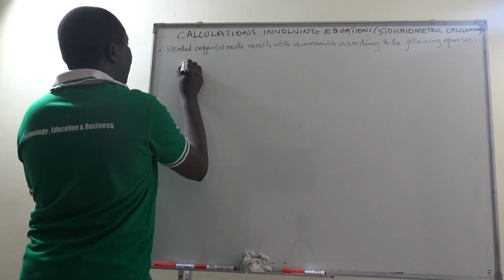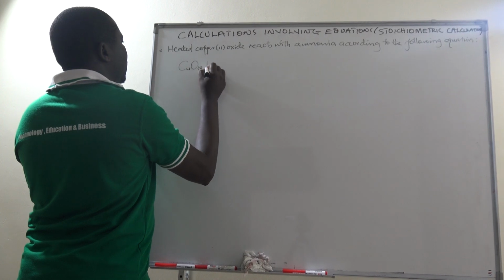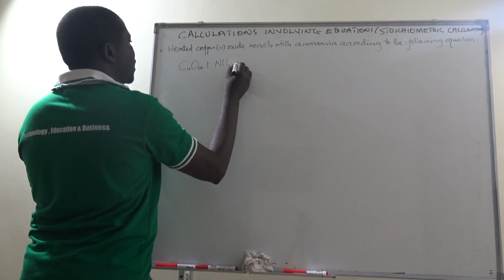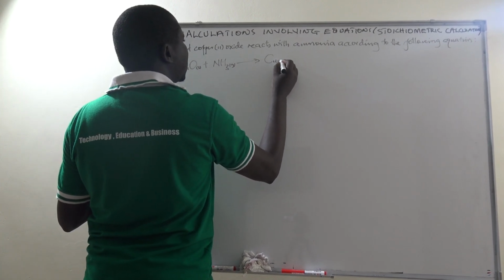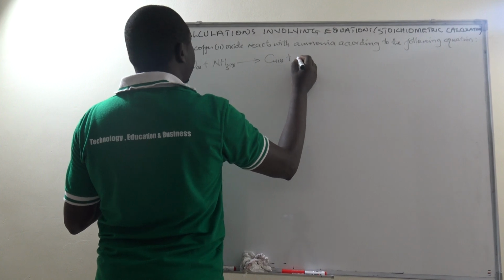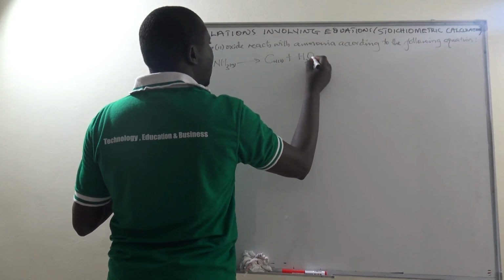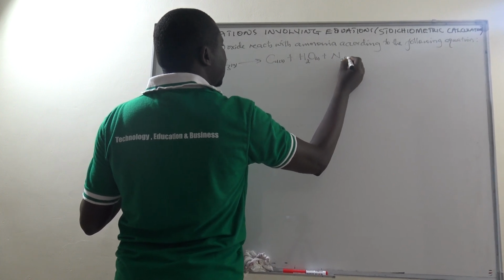So, heated copper(II) oxide reacts with ammonia and produces copper metal. It produces water and it produces nitrogen gas.